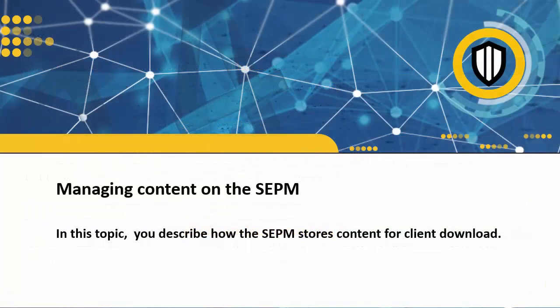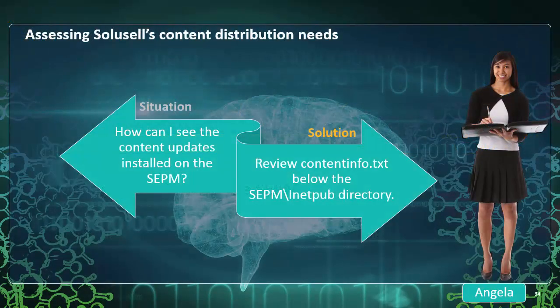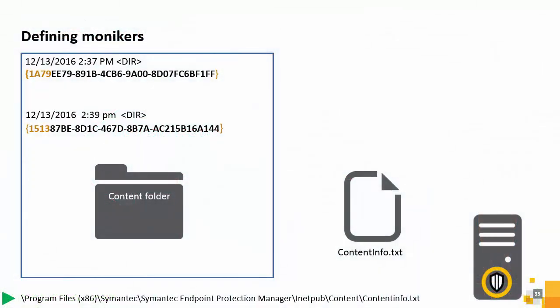This is the managing content on the SEPM topic. Angela wants to know how she can quickly see the content updates installed on the SEPM. In the SEPM inetpub folder, choose the contentinfo.txt file. Definitions are stored in Program Files x86, Symantec, Symantec Endpoint Protection Manager, inetpub, Content folder.